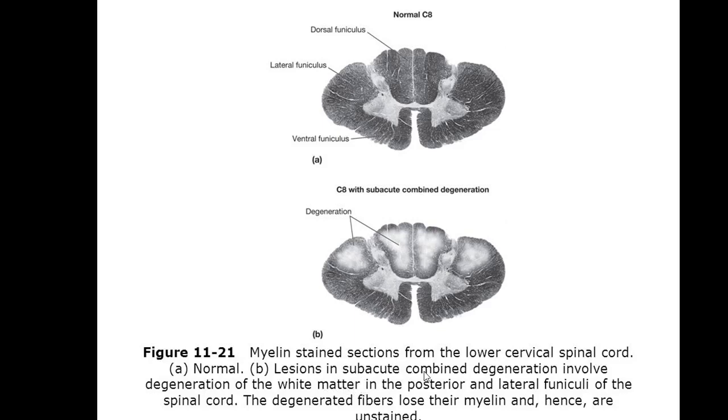Subacute combined degeneration involves degeneration of the white matter in the posterior and lateral funiculi of the spinal cord. The degenerated fibers lose their myelin and hence they are unstained. So these are the unstained areas in the posterior funiculus and in the lateral funiculus.